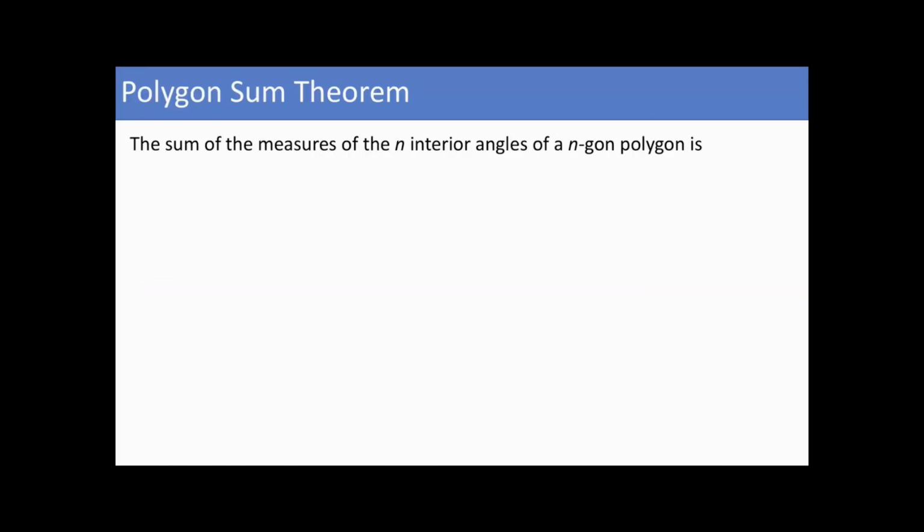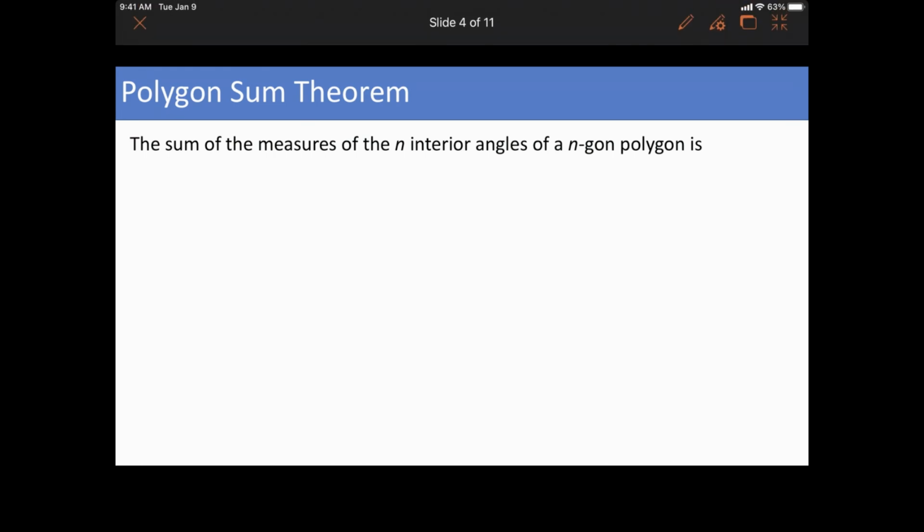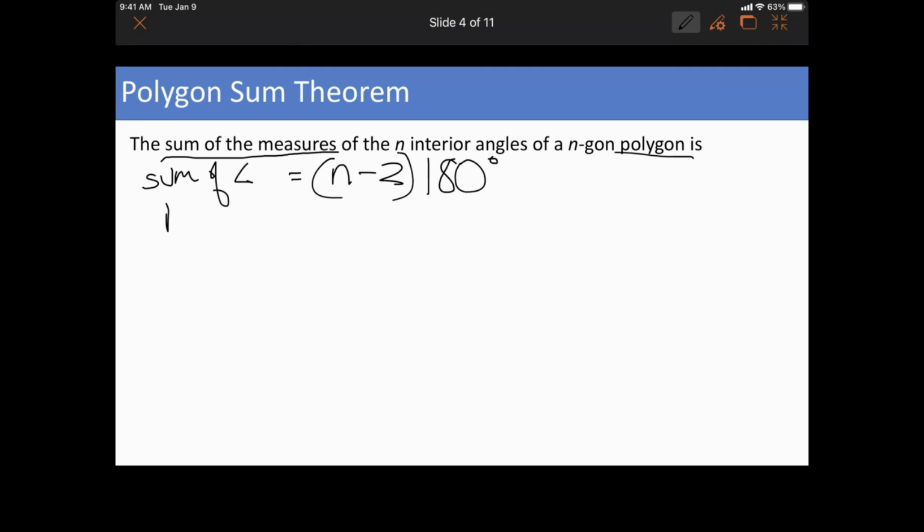Okay. So let's write it as a theorem. The sum of the measures of the n interior angles for the n-gon polygon is, what's the formula? n minus 2, times 180. Now remember, this is the sum of the measures of the angles of a polygon. I'm going to just abbreviate it.